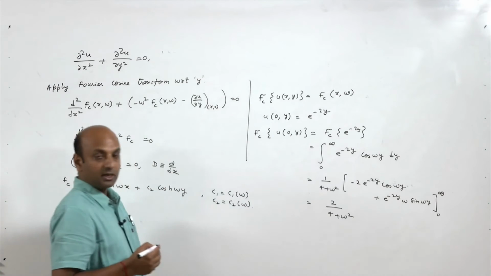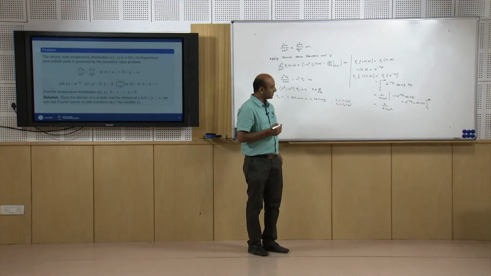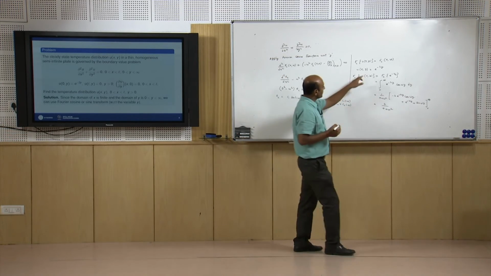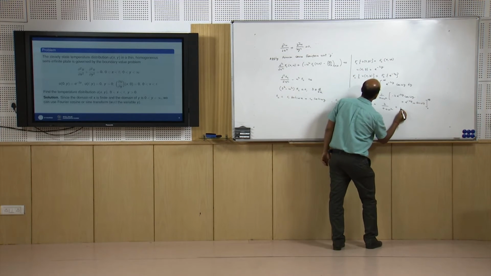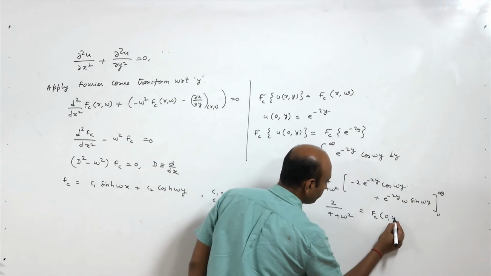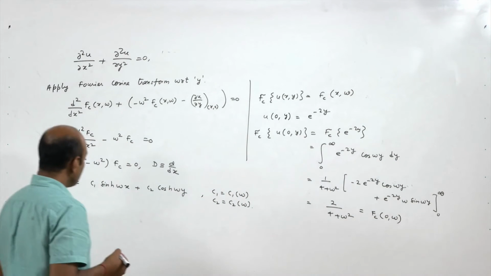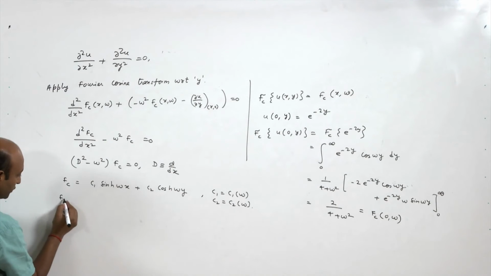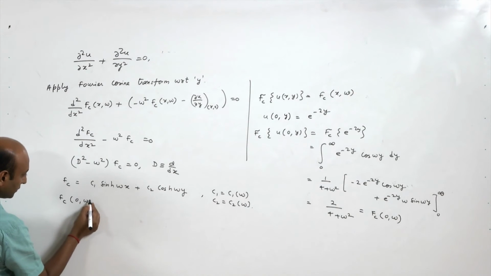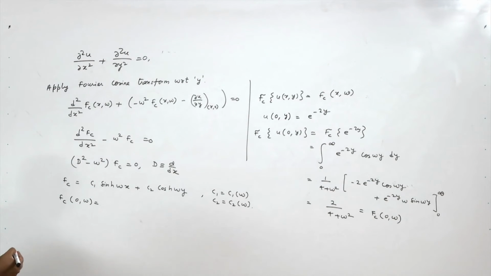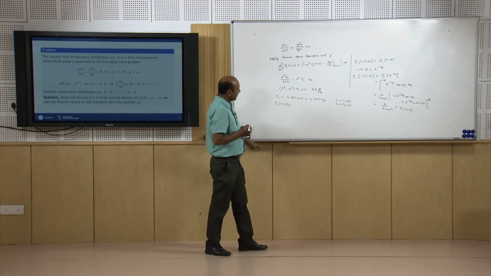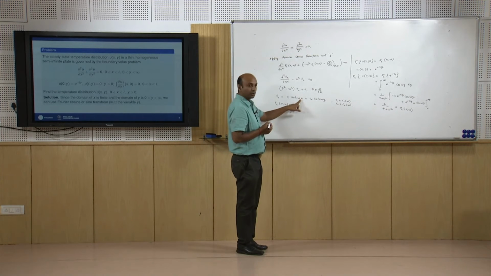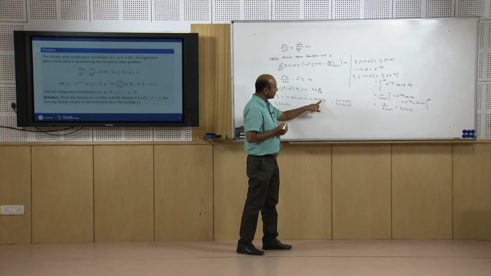So, this we obtain as the Fourier cosine transform of this term, and when you substitute x equal to 0 on both sides, this is equal to fc(0, omega). So, when you take fc(0, omega) here, sinh 0 is 0 and cosh 0 is 1.